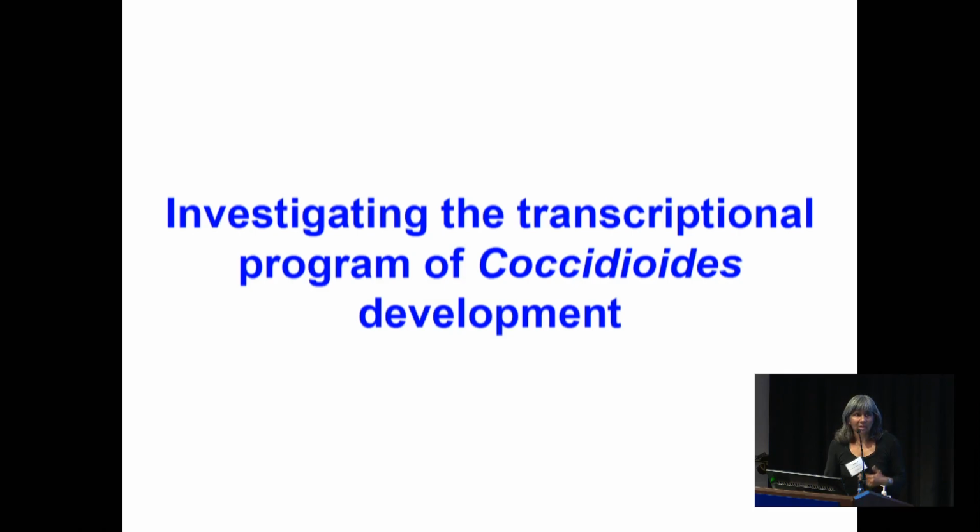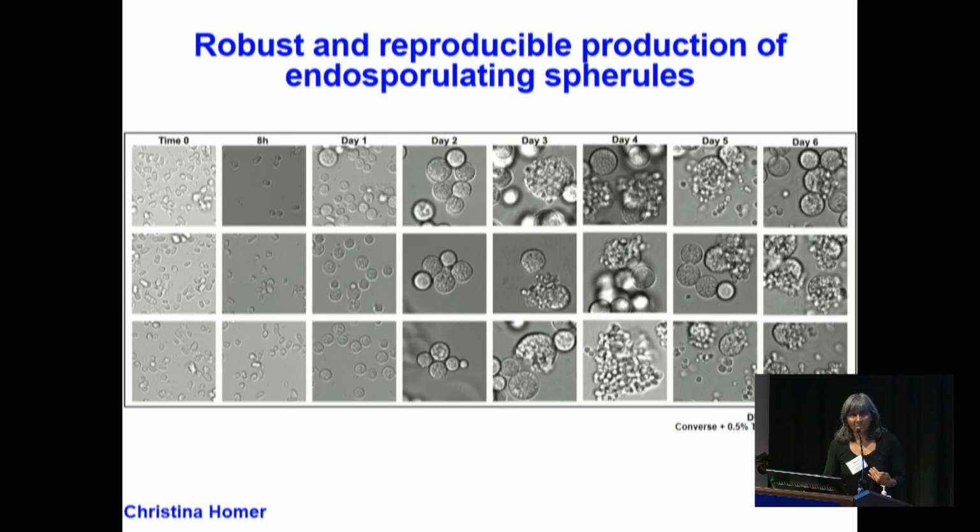So really building on the work of many people in the field, a current adult infectious disease fellow in my lab, Christina Homer, developed some conditions to get reproducible and robust development of spherules from arthroconidia in vitro.